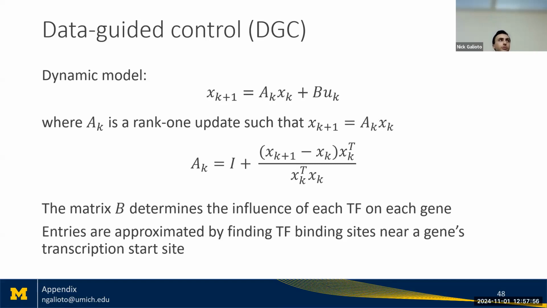And then it's just doing some sort of discrete optimization over which transcription factors should be added to the cell to move it towards the state that we're interested in.